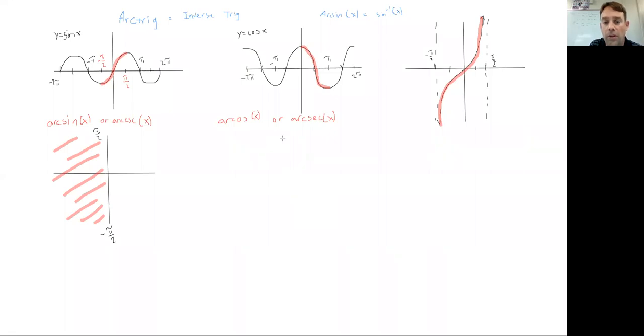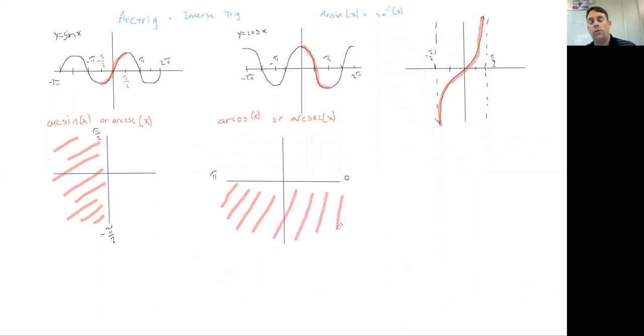We didn't want everything again. We just wanted the stuff that fell on our domain. So anything from 0 to pi. So anything below that, when we were dealing with arc or inverse, we didn't deal with those. So these went away. We only dealt with quadrants 1 and 2.